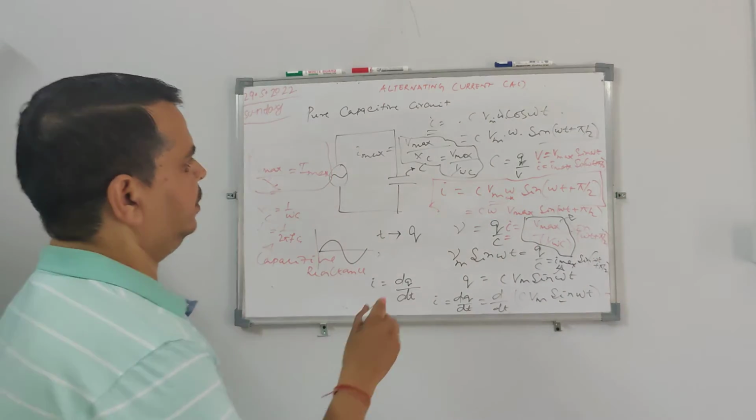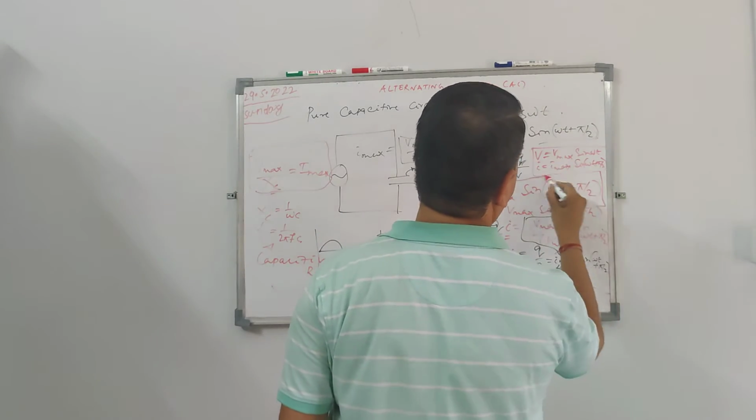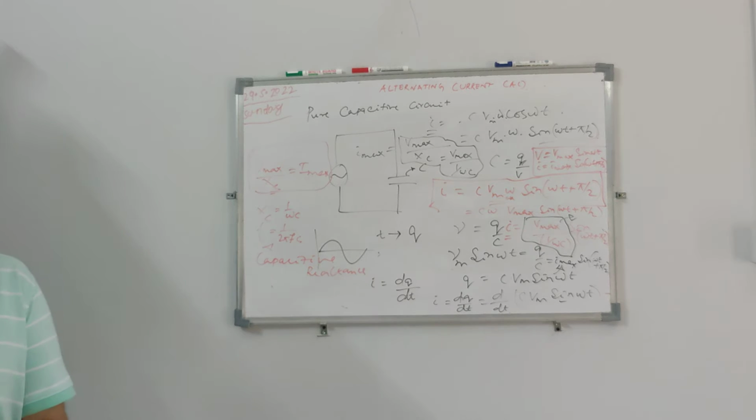So if you compare these two equations, you can find that the phase difference is pi by 2 here. You can take a snapshot of it.